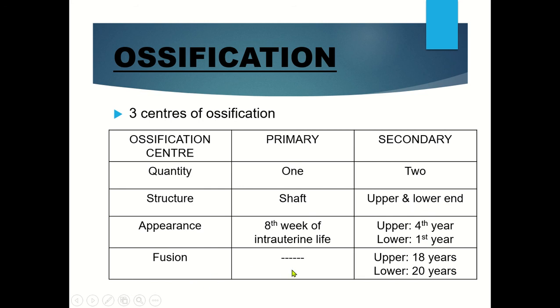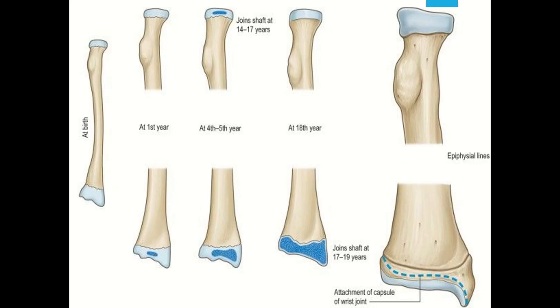And fusion primary never fuse, and secondary upper 18 years and lower 20 years. So this is the ossification: at first year we can see, at fourth and fifth year, at 18th year, and joint shafts at 17 to 19 years.